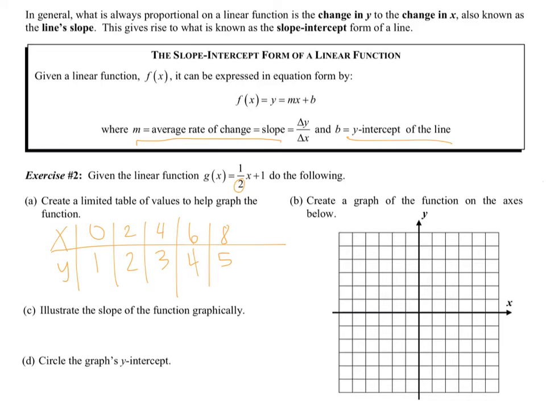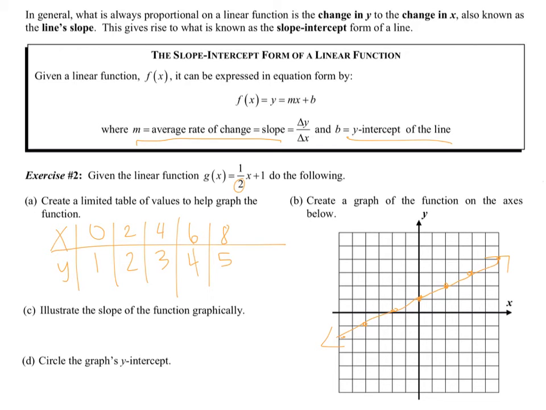So create a graph of the function on the axis below. When x is 0, y is 1. When x is 2, y is 2. When x is 4, y is 3. When x is 6, y is 4. And then we can always go backwards the same.